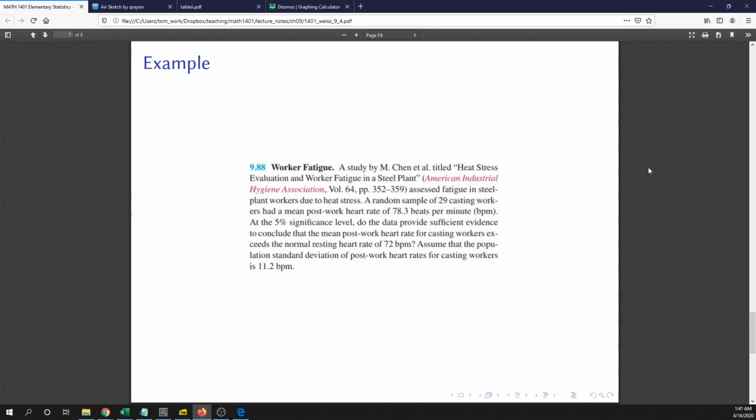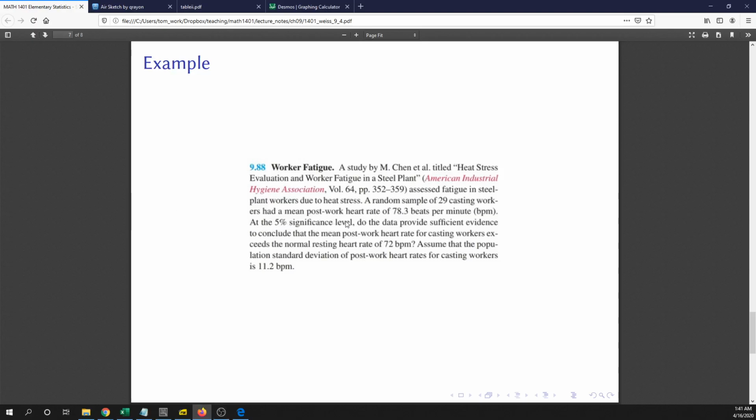Okay, so step one of performing the hypothesis test is to get the null and alternative hypothesis. Right around in here, they start talking about that part.